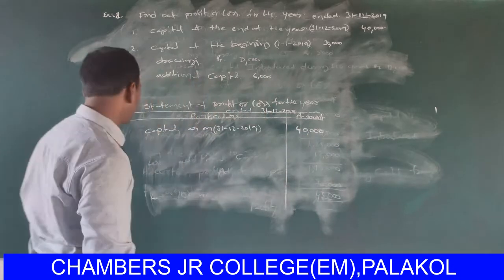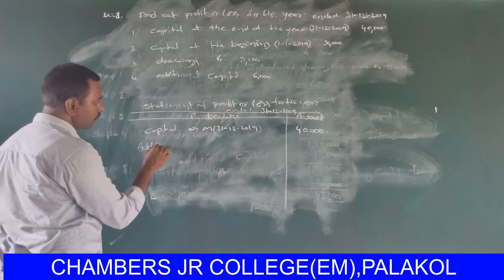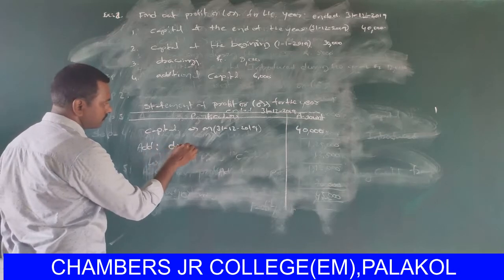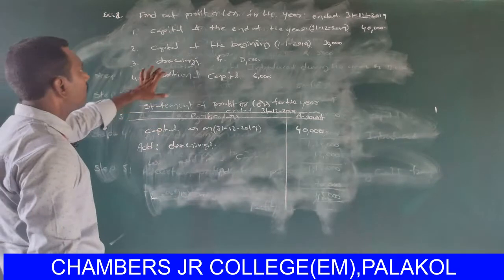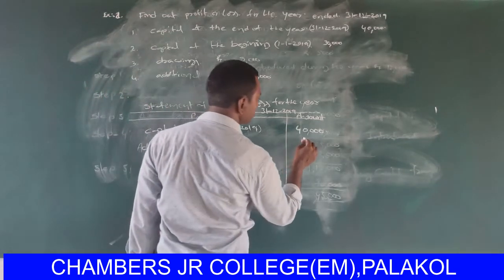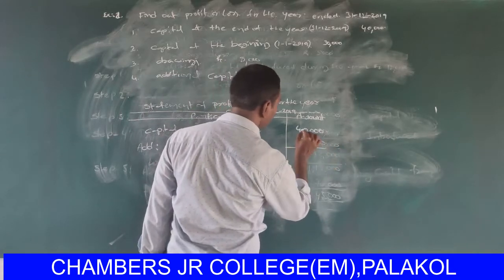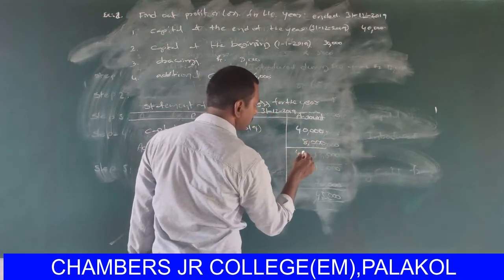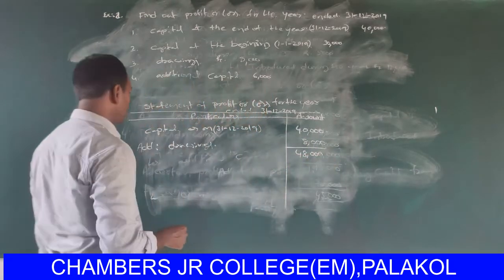Amount 40,000. Add drawings. Here the drawings amount is rupees 8,000. 40,000 plus 8,000 is equal to 48,000.